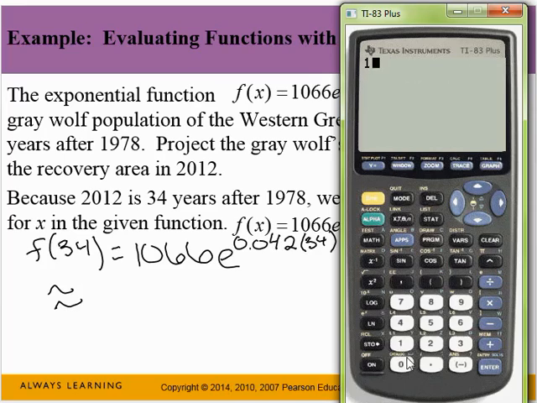So we have 1066 e raised to the 0.042 times 34. So your answer is about 4,445.59.